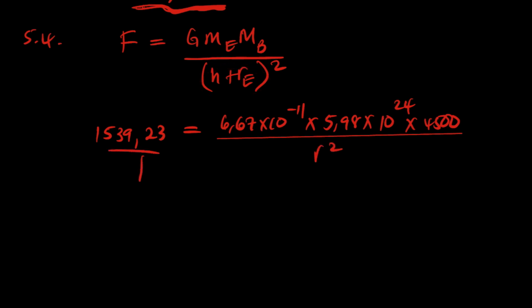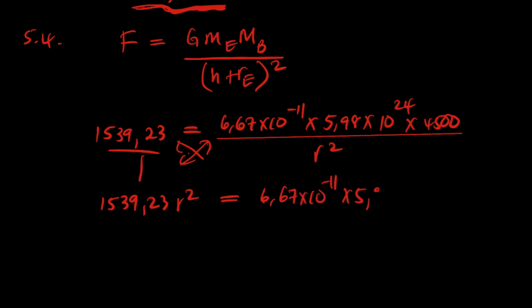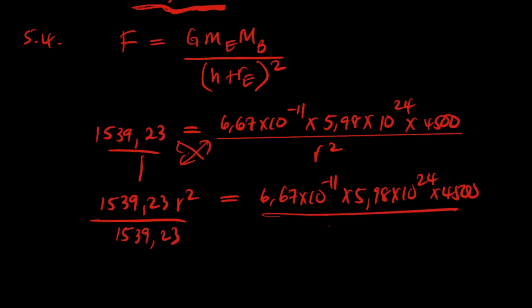So what I'm going to have is 1539,23 R square, and we cross multiply, equal to 6.67 times 10 to the power negative 11 times 5.98 times 10 to the power 24 times 4,500, and then we divide by 1539,23 on both sides.